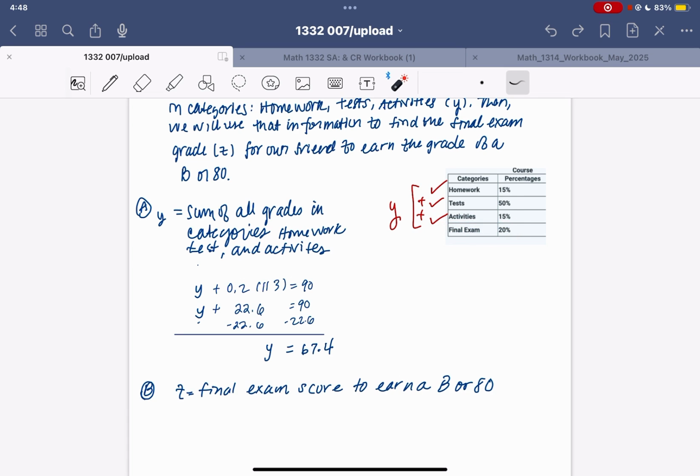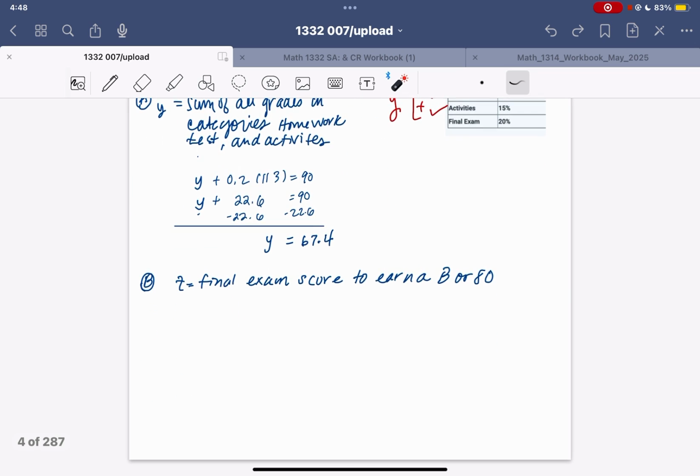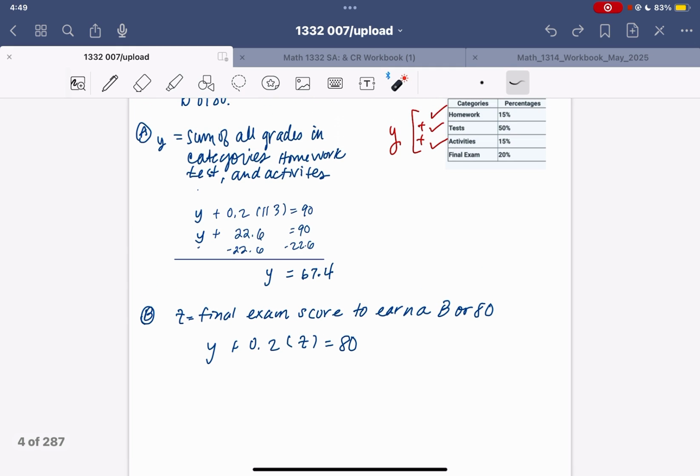So for this next part, we're going to say Z is equal to the final exam score to earn a B, or an 80. So we need to determine the new final exam score for our friend to earn a B in the class, since they're not going to earn an A. So we're going to take Y plus 0.2, that's the 20% as a decimal, times Z equals 80.